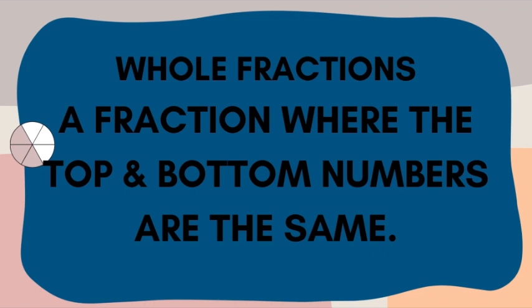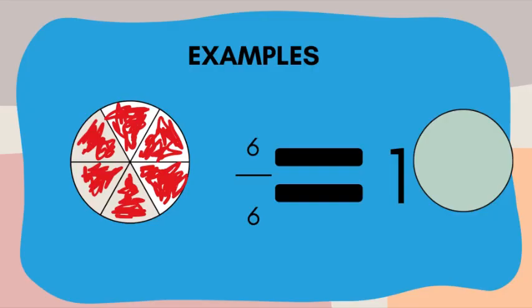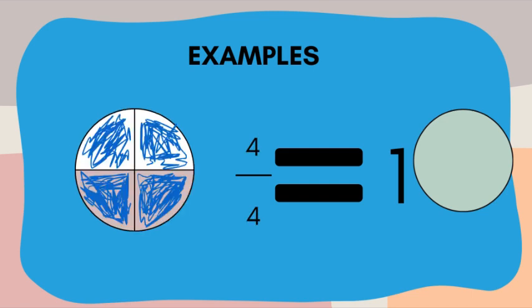An example of this is 6 over 6, which is also equal to 1, a whole, because 6 can go into itself one time. And once we reduce this fraction, we will get 1. Another example is 4 over 4. Once it is reduced, we will get 1 because 4 can go into itself one time.